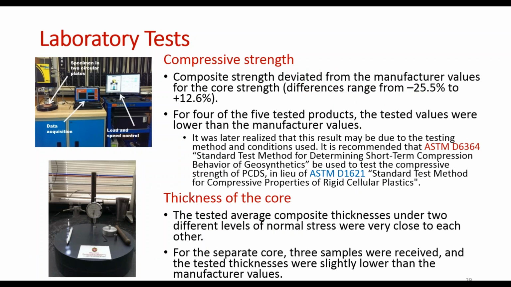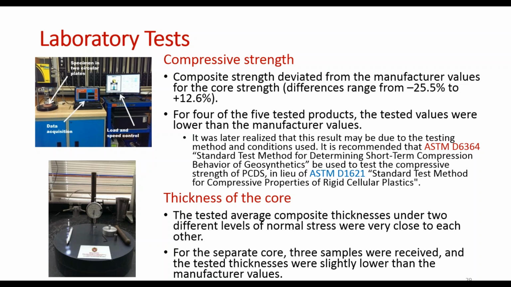Regarding the compressive strength, all tested values are also smaller than the listed values. And we found that these results may be due to the testing methods and conditions we used. ODOT recommended that we use ASTM D1621, the standard test method for compressive properties of rigid cellular plastics, which we found is not suitable for this.